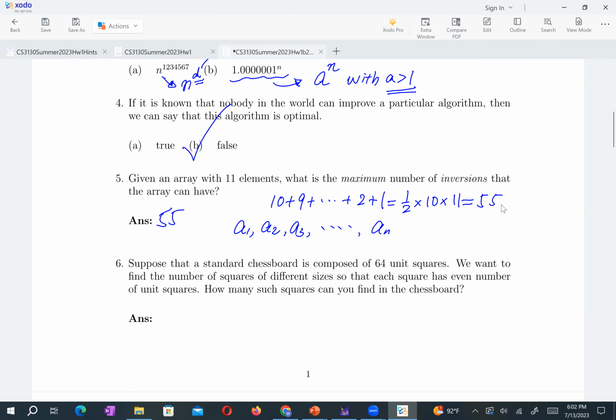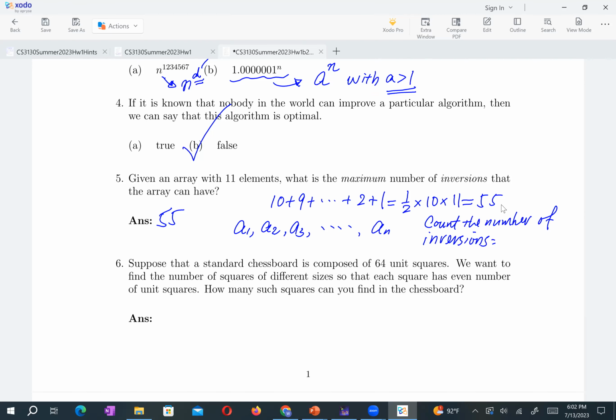When we do the counting here, we count the number of inversions. We assume the maximum situation. What's the maximum situation? All pairs are inversions.